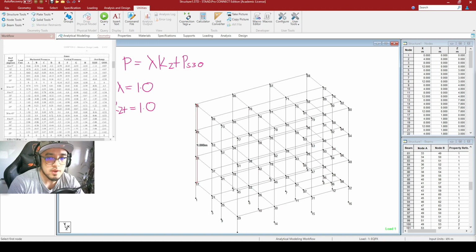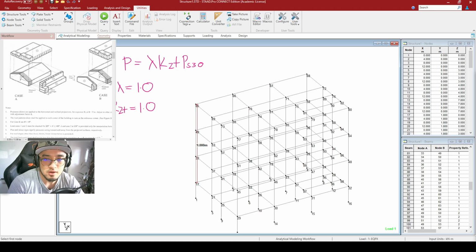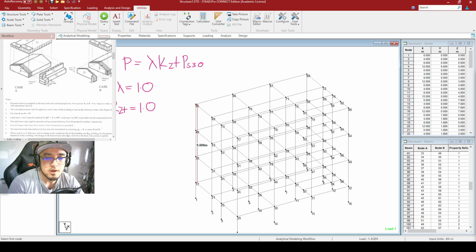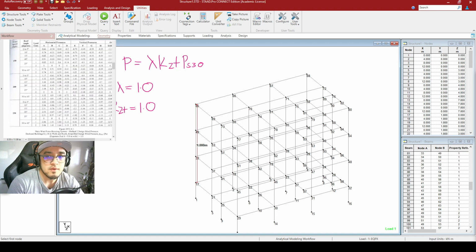So this is for zone A, zone B, zone C, zone D, and etc., as shown in this particular figure. So if you want to solve for this particular pressure, or your zone A, it is to be given by this column right here for zone A. But once again, our table is to be dependent upon the basic wind speed and the roof angle in degrees.